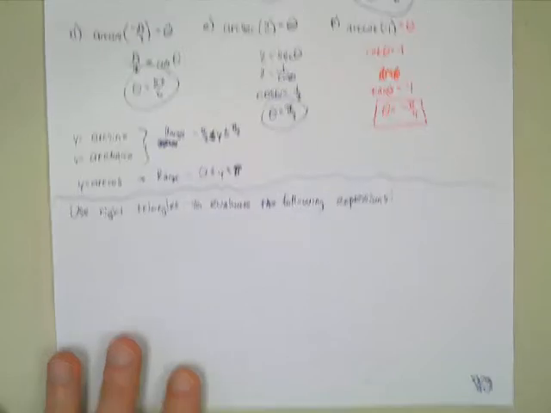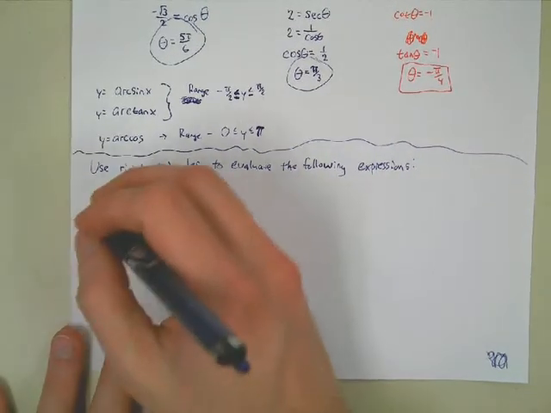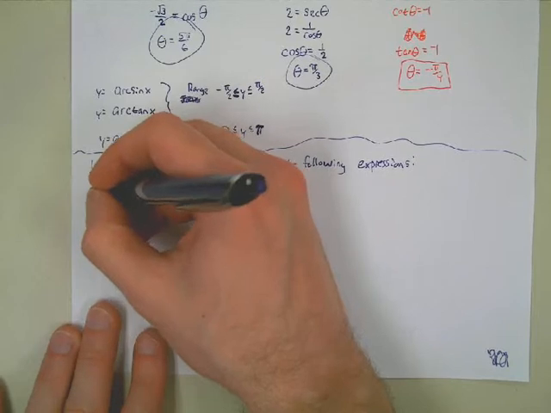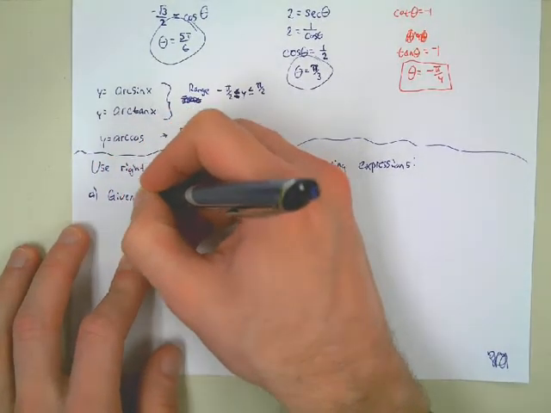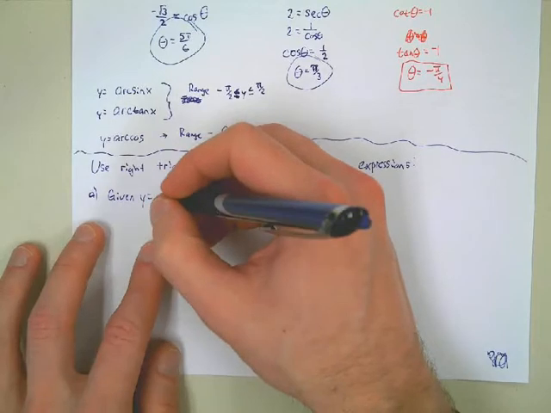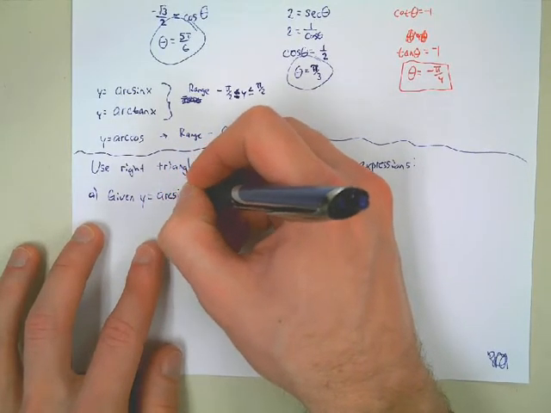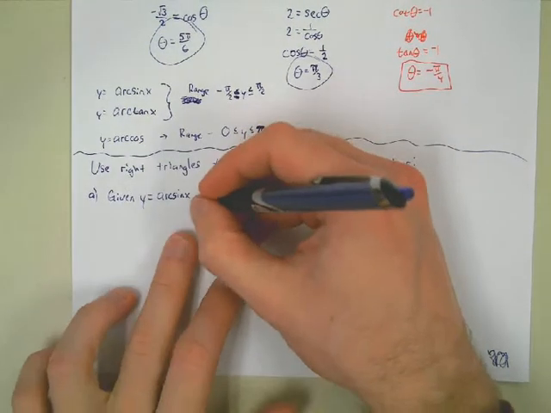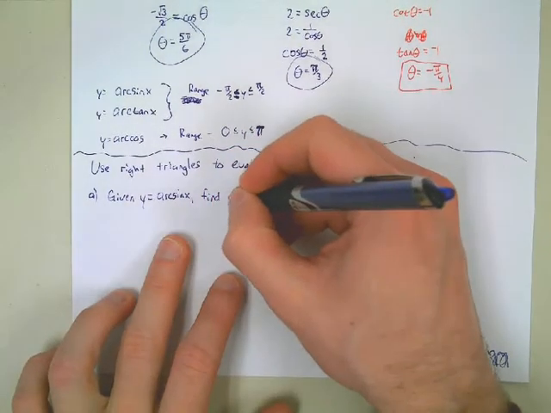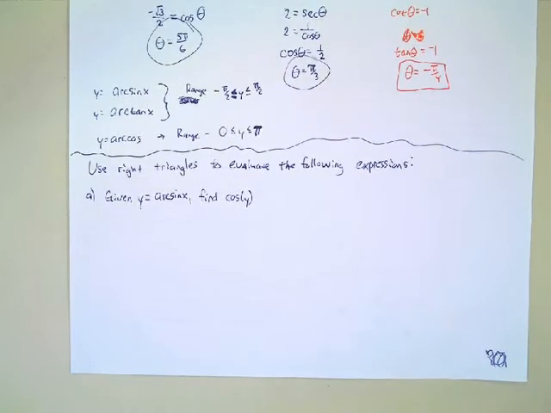Given that y equals the arc sine of x, I want us to find cosine of y. So given that y equals the arc sine of x, find cosine of y. Or what would cosine of y be equal to?